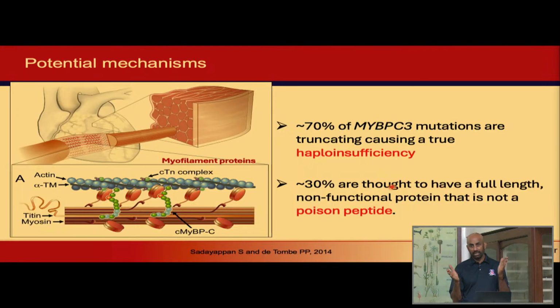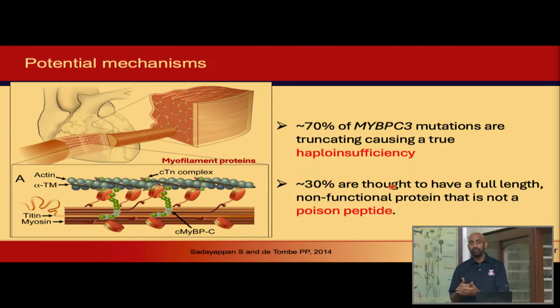One is a mutant allele where you have a truncated myosin binding protein C, and the truncated myosin binding protein C never exists in the sarcomere because it cannot bind in the sarcomere, so it is removed by the ubiquitin proteasomal system. So you are left with only one allele and you have normal protein.